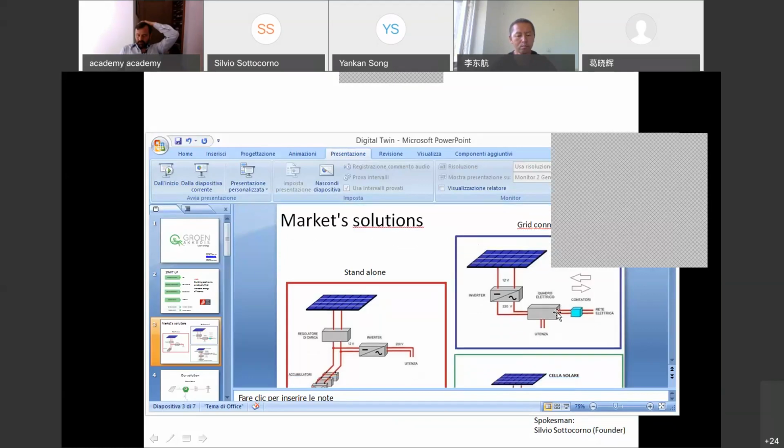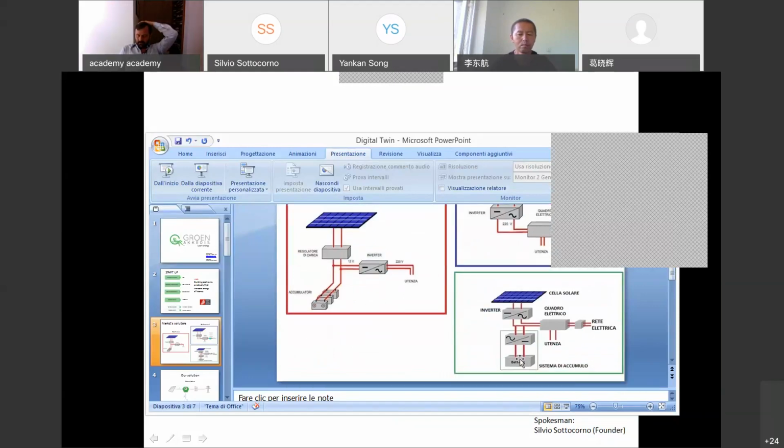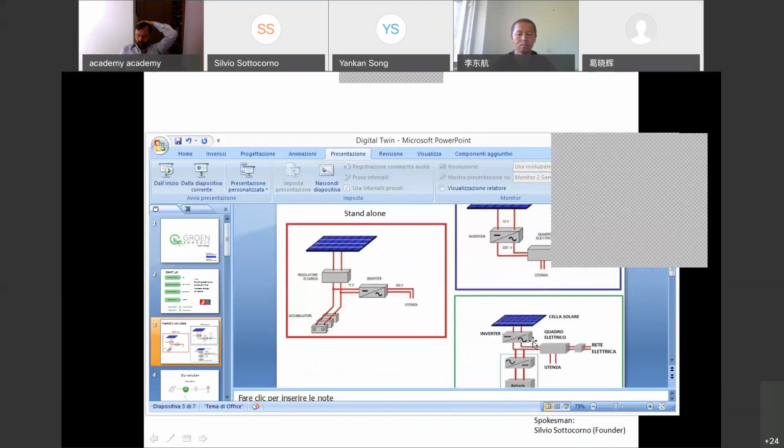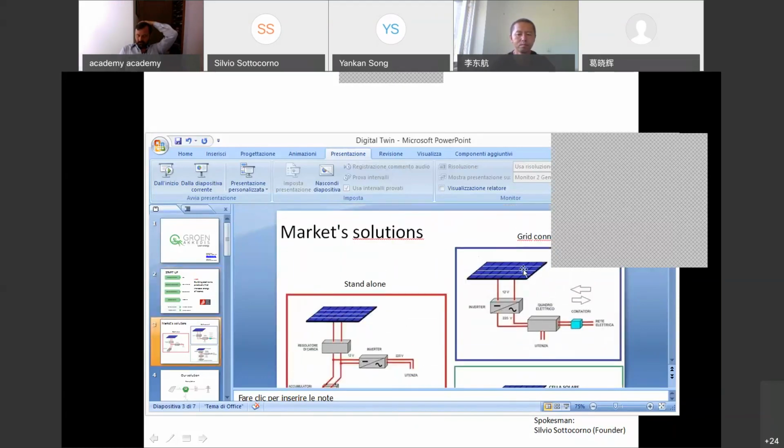A problem for a system like this grid-connected situation is that when the grid is switched off, the system switches off.